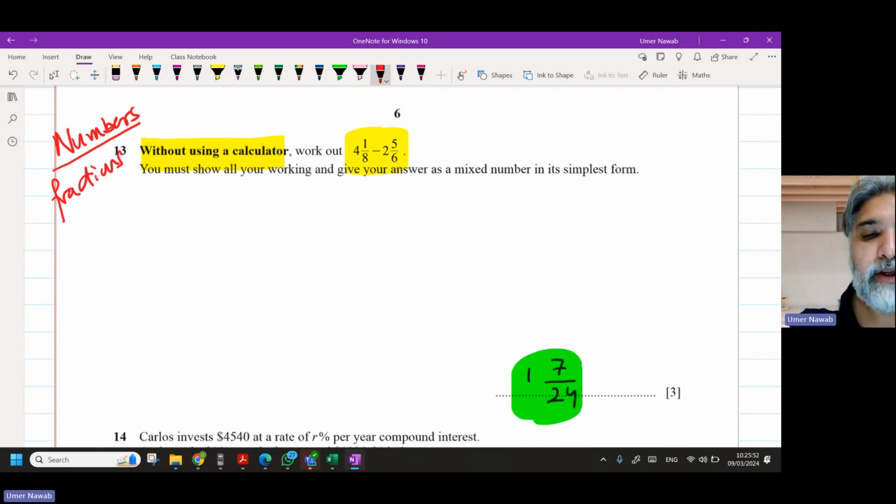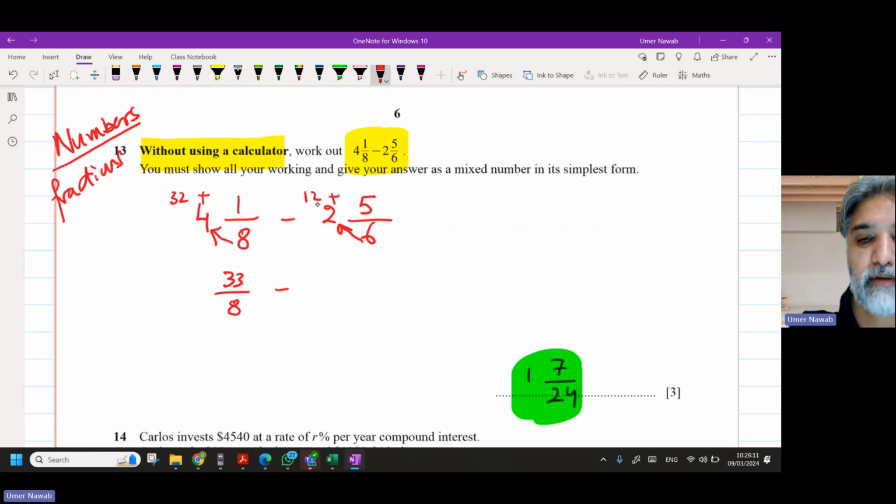Okay, let's start. So 4 whole 1/8 minus 2 whole 5/6. Now 8 times 4 is 32, and 32 plus 1 is 33/8, minus 2 times 6 is 12, and 12 plus 5 is 17/6.